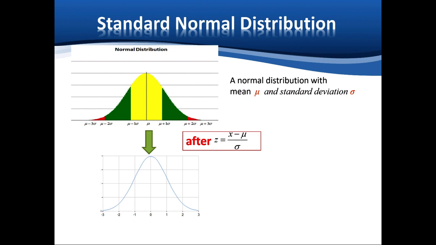Mu plus 1, 2, or 3 sigma will transform into 1, 2, 3, because the mean is 0 and sigma is 1. Also, mu minus 1, 2, or 3 sigma will be transformed into negative 1, negative 2, and negative 3.